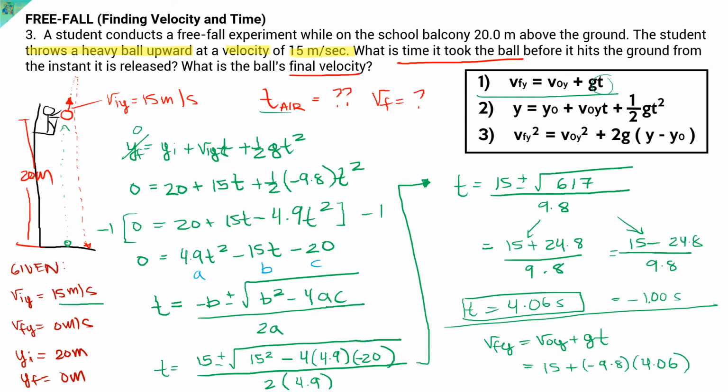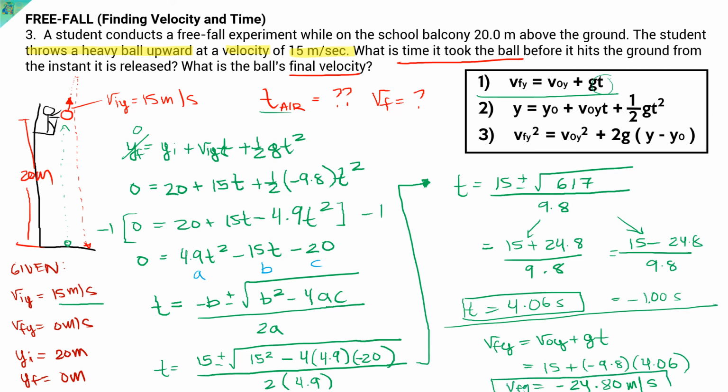15 plus negative 9.8 times 4.06. You're going to have negative 24.788. That is 24.80 meters per second.